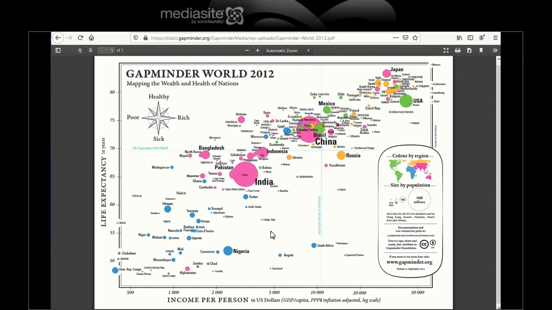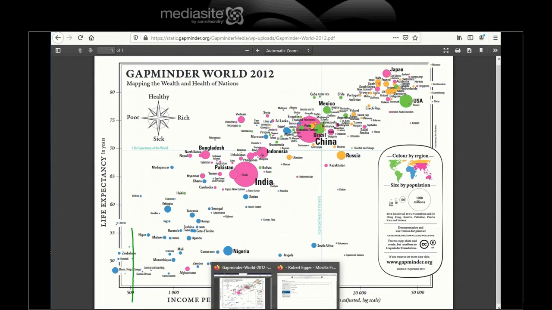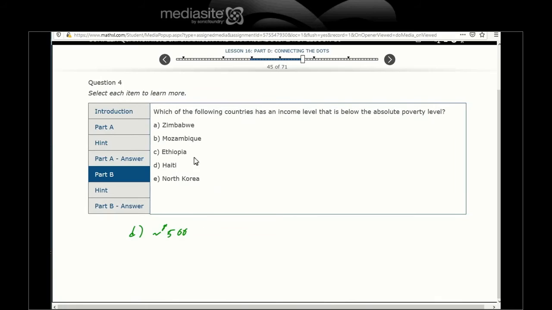So $500 per year. It looks like we have Liberia, Zimbabwe, Burundi, and the Democratic Republic of the Congo. Keep those in mind: Zimbabwe, Mozambique, Ethiopia, Haiti, North Korea.